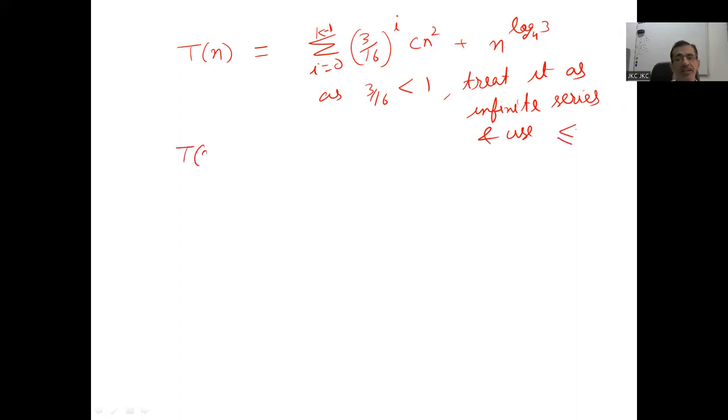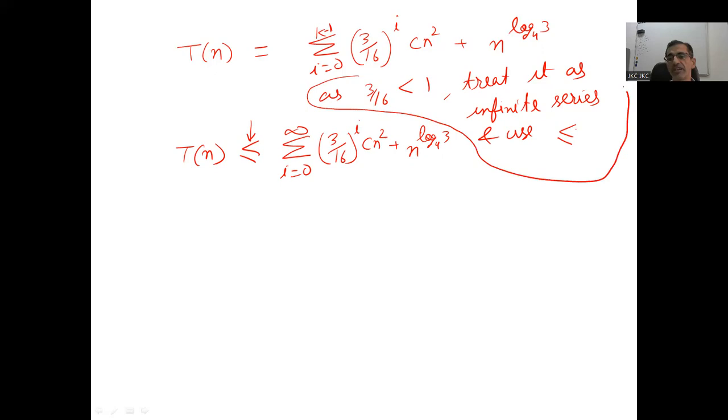I can say Tn will be less than or equal to the previous summation plus some additional terms. Additional terms will make i go from 0 to infinity, and the additional terms added will make that less than or equal to Cn square plus n raised to log base 4 of 3, which is already correct. So I treat it as this.